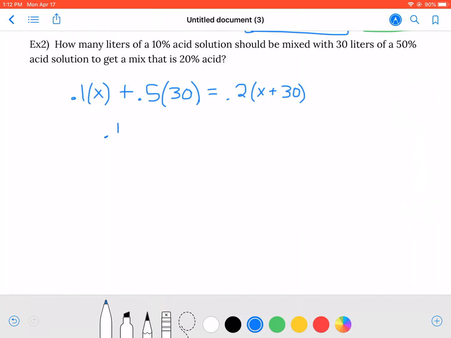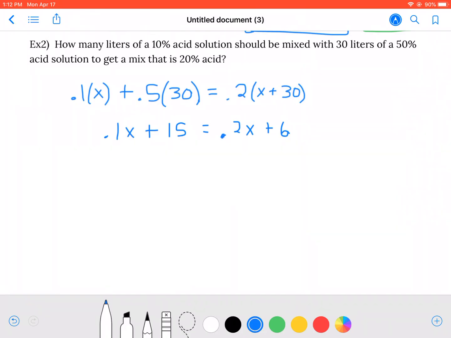So 0.1x plus 15 equals 0.2x plus 6. That's a 6. And then bring everything to one side or the other.